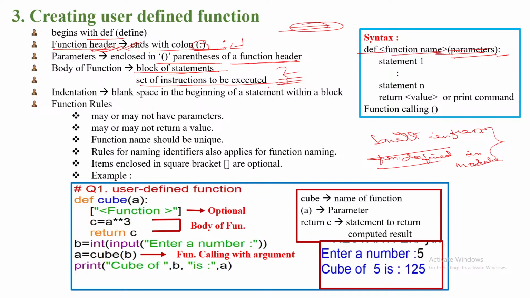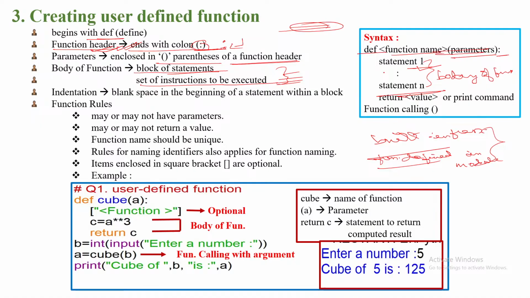So these are the set of instructions for execution. The statements depend on the function, on which type of task we as a user want to do. It depends on the user only. So the body of the function is not fixed, from statement 1 to statement n.